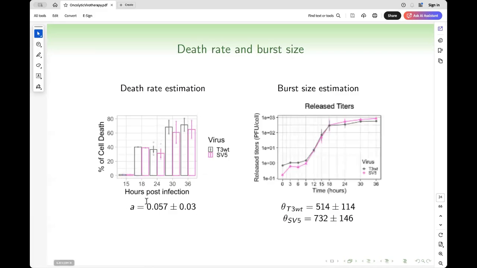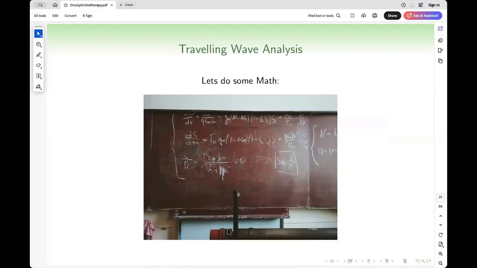We get A is 0.057. And for the release of new virions, we take the maximum value here, which is about 500 for the wild type and 700 for the supervirus. So these people are amazing. They do all kind of experiments which fit exactly what we need. So this is good. All right.